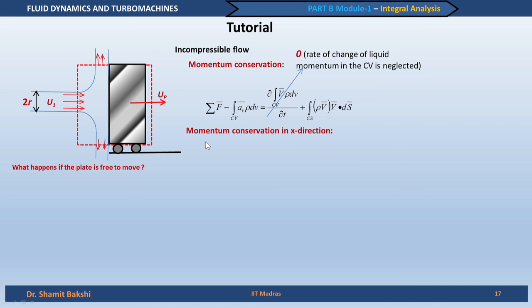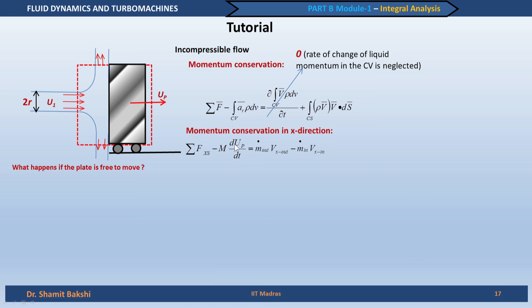So, now let us write the momentum conservation in the x direction. In a more simple way, this can be written as the sum of all the forces equal to the rate of change of momentum. So, this is basically the mass of this body multiplied by its acceleration.